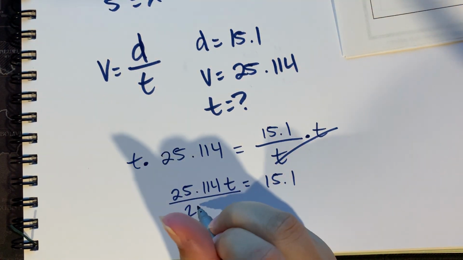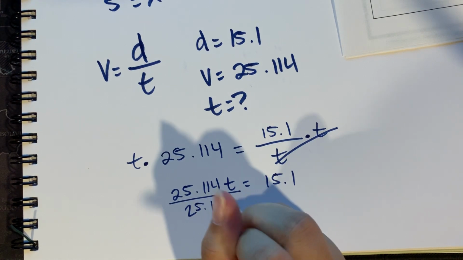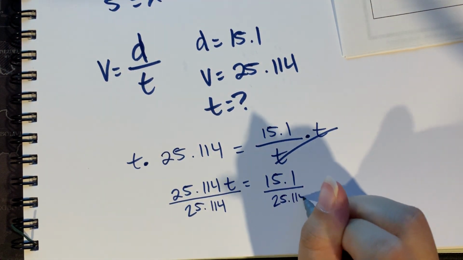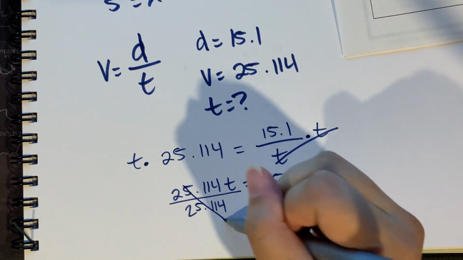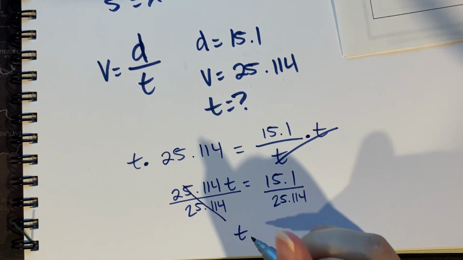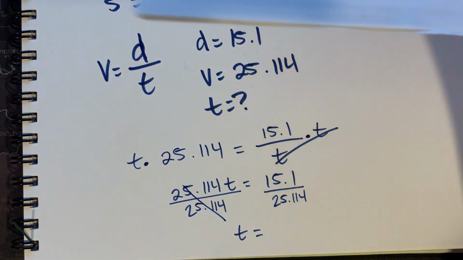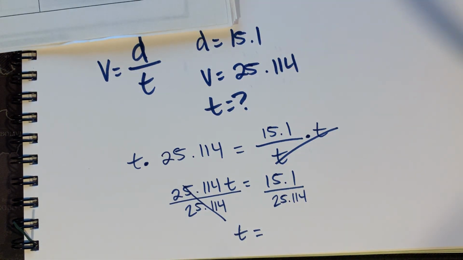Divide by 25.114, which cancels out on this side. You're left with t is equal to 15.1, put in my calculator, divided by 25.114.